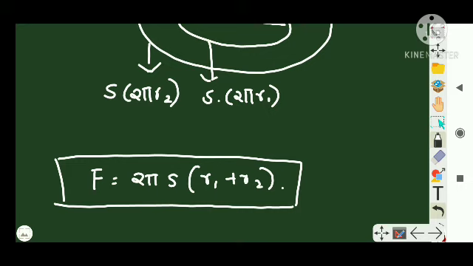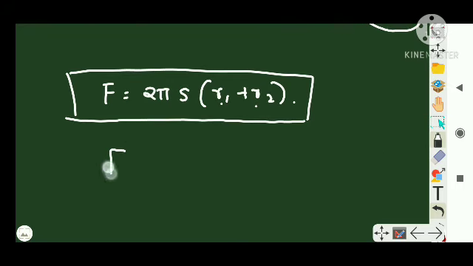Usually if it is just a simple ring, where you are considering only a single ring, then r1 and r2 will be equal. So a general formula can be made for a ring, only a ring, not an annular ring. So 2 pi S (r plus r) will be 4 pi rS.